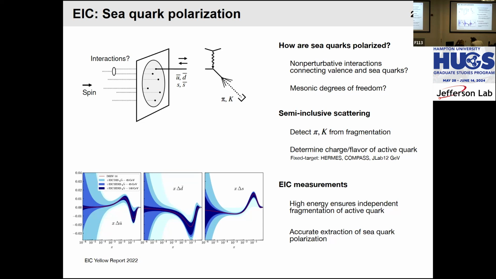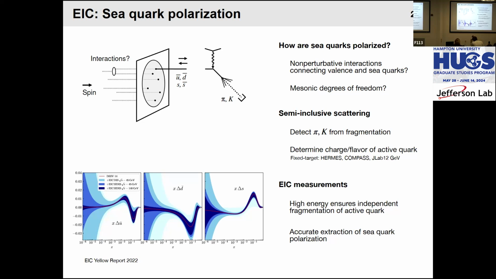So it's much better to do semi-inclusive scattering, where we use the fact that the fragmentation process is very sensitive to the charge and the flavor of the quark. And here, in these plots, is a summary of what we expect from EIC measurements.